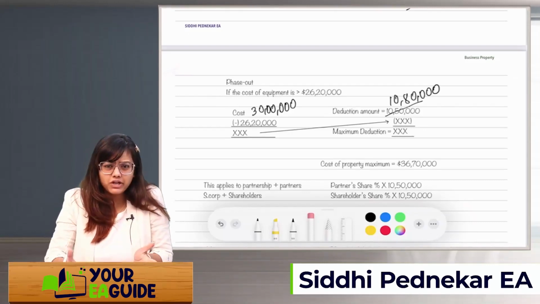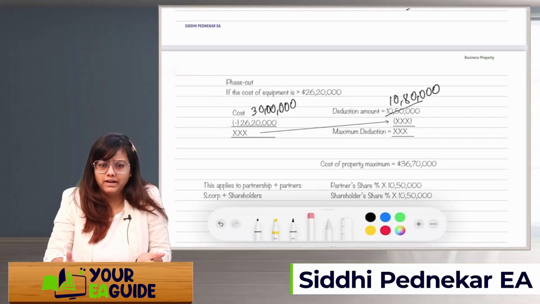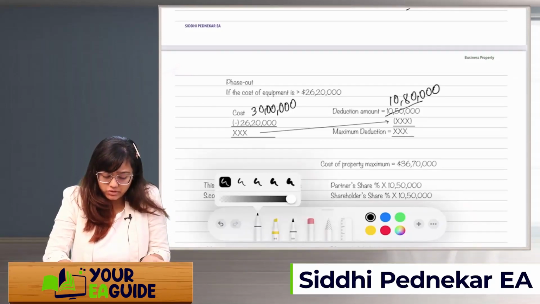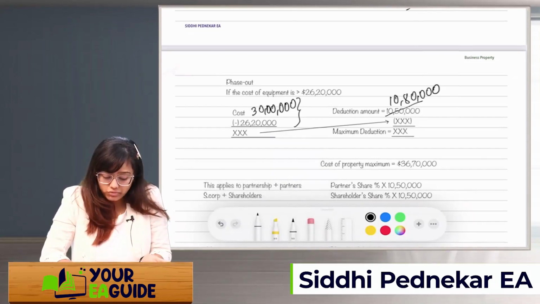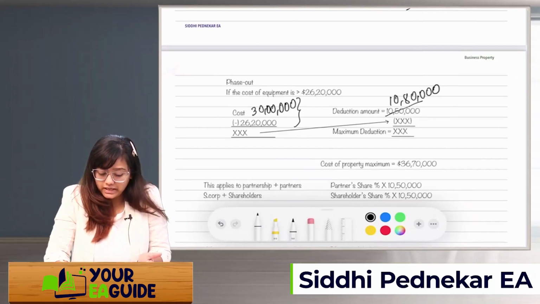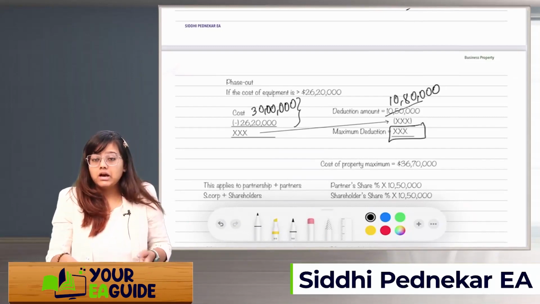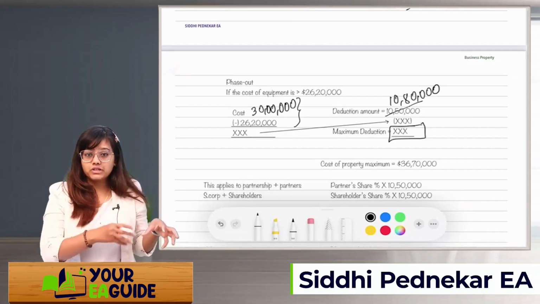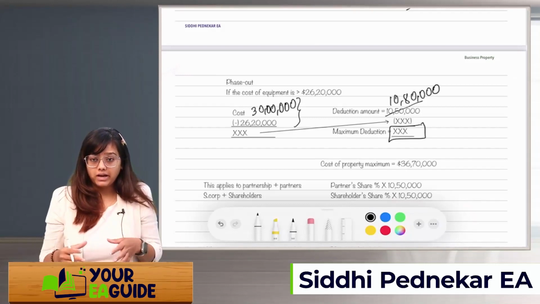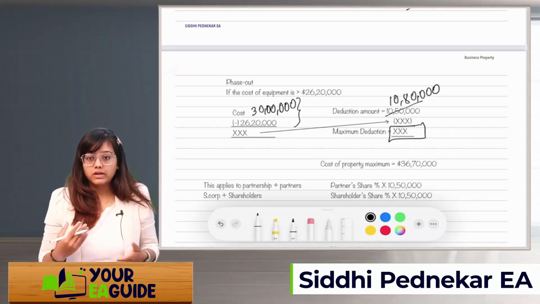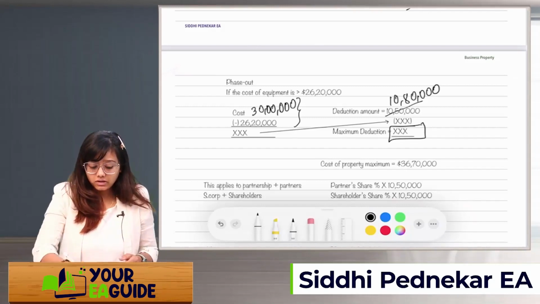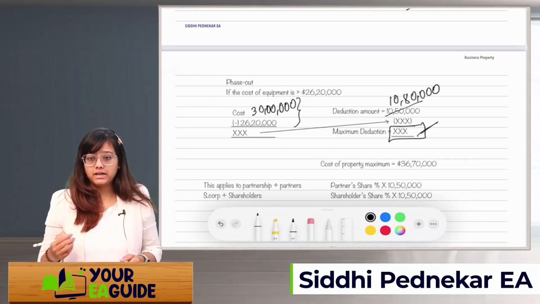Up to 2620, you can take the whole 10 lakh 80, right? But over and above, you cannot take. So you will see what amount is going over and above 26 lakh 20. This amount you will reduce from this 10 lakh 80, and whatever amount you get after reducing this phase out amount, right? This will be your maximum deduction. Over and above, you cannot get the deduction. Above this, you cannot take 179 deduction.